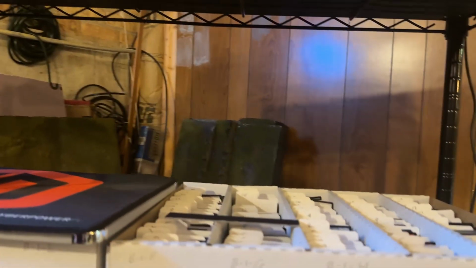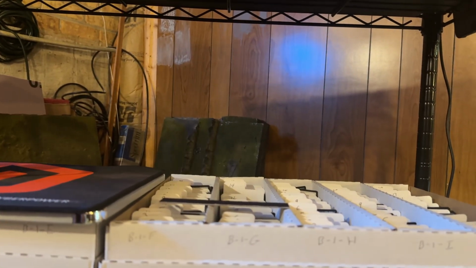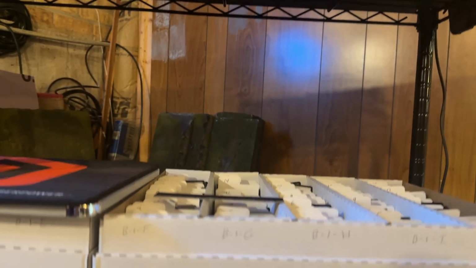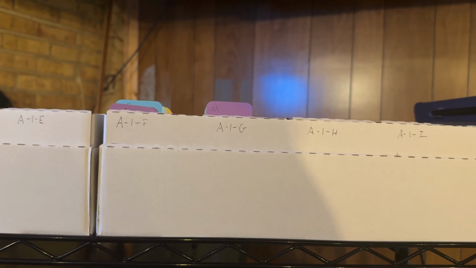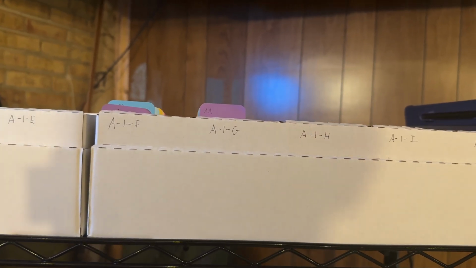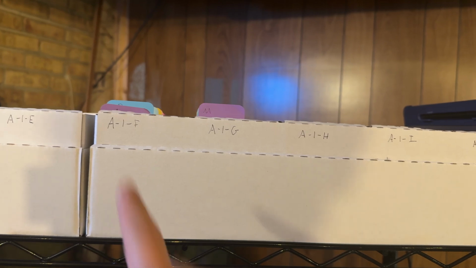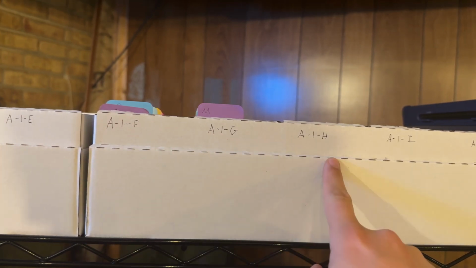So here's how I have been doing it. I had two ways that I was struggling through this. Let me mess with the camera here a little bit. As you can see, I decided to do shelving units, focusing on an A1F, an A1G, an A1H.